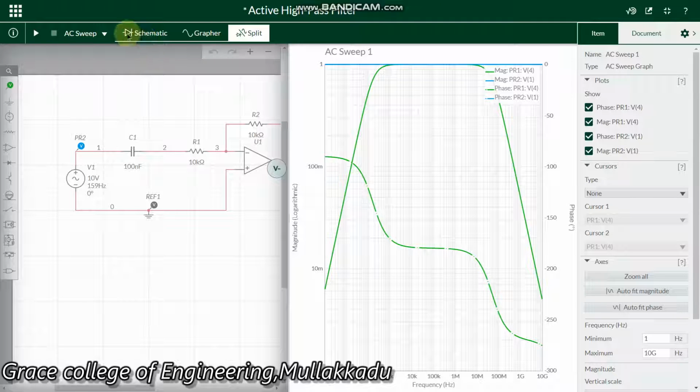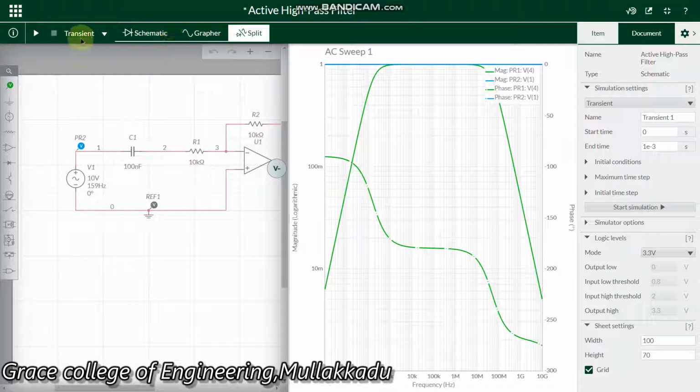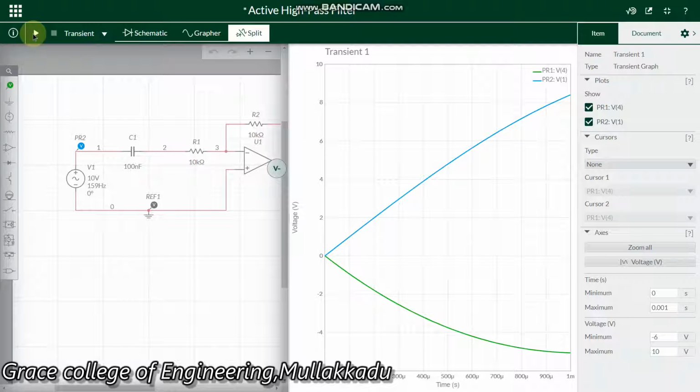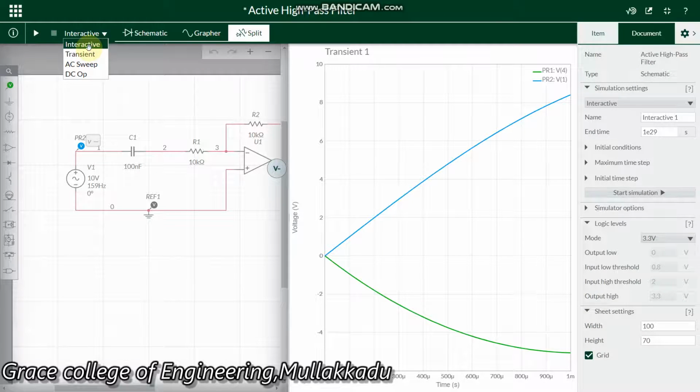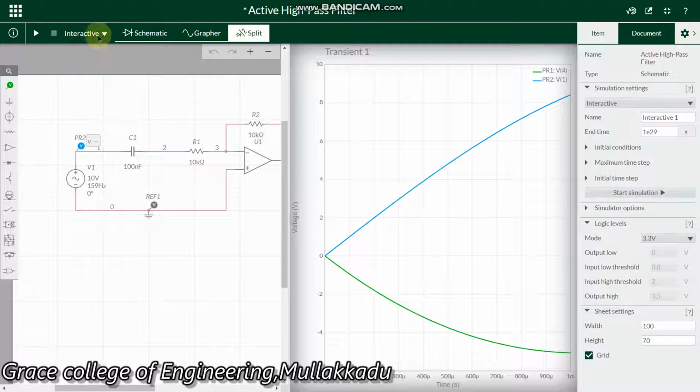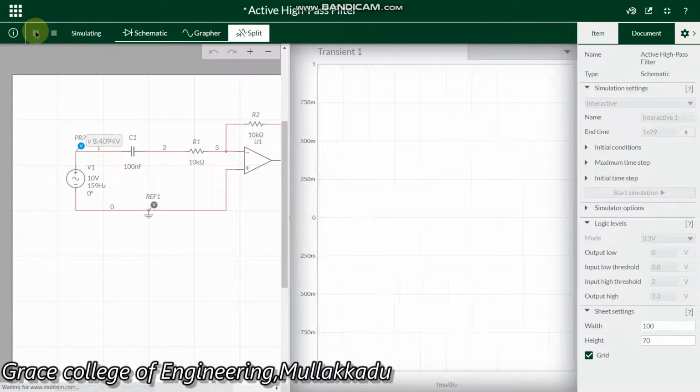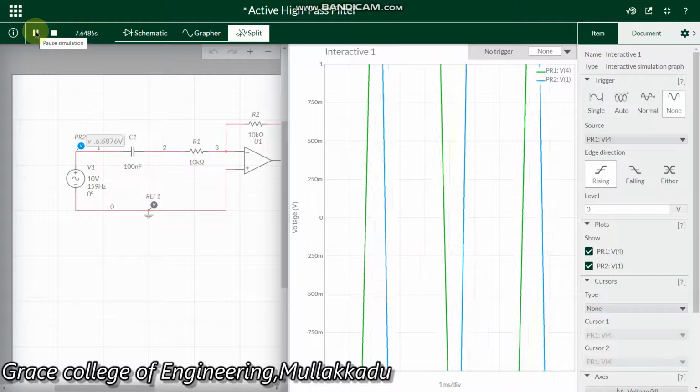We can also see the DC response, that is the transient characteristics. We can also see the response of voltage, input voltage and output voltage response.